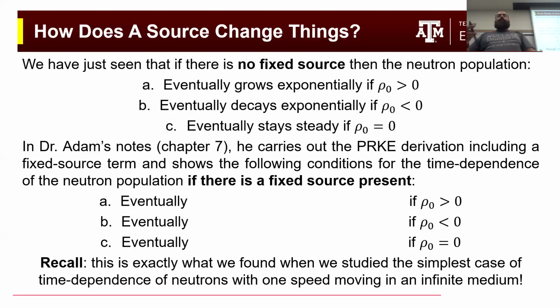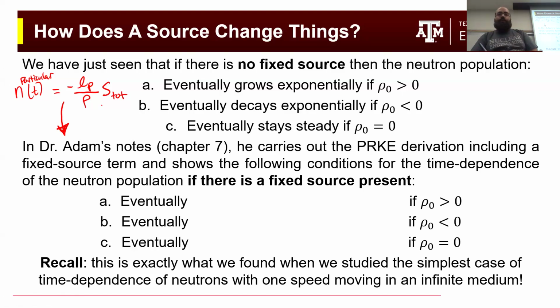And for the neutron density, the particular solution looks like negative LP over rho times that total source term. So that becomes important when we start asking how these answers change if I have a fixed source.